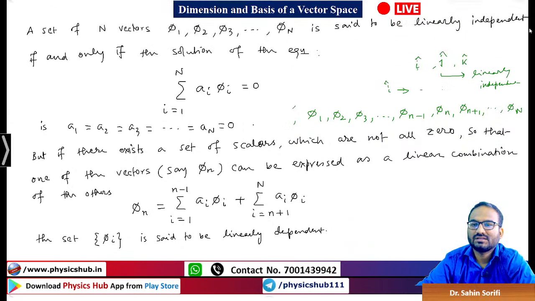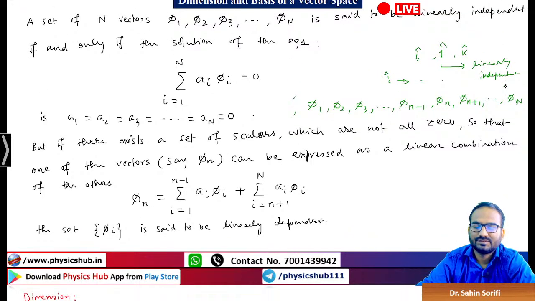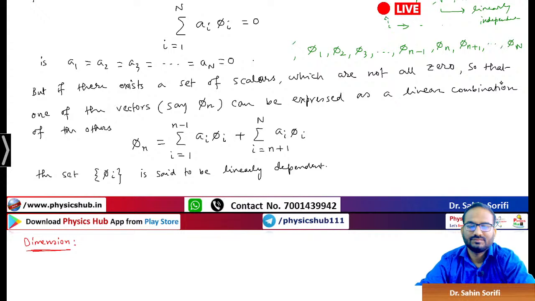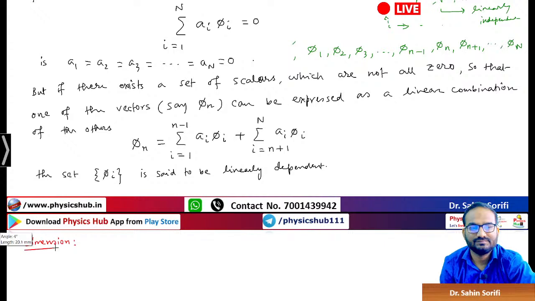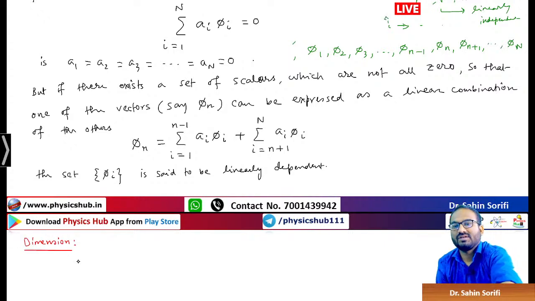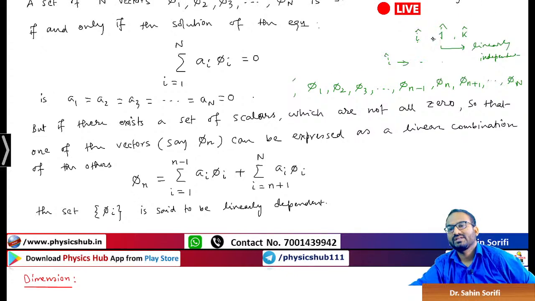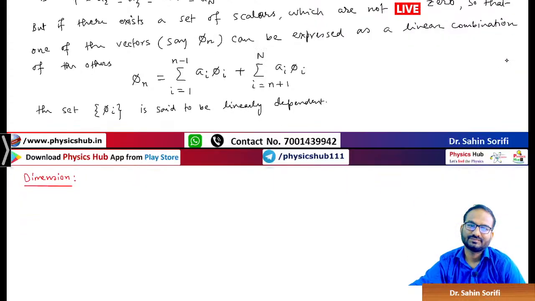So for the three-dimensional Euclidean space, what should be the dimension? I have already told you it is 3 dimension, but why is it 3? Because it has the maximum 3 linearly independent vectors i cap, j cap, k cap. So the dimension of this vector space is 3, isn't it? So dimension refers to the maximum number of linearly independent vectors.